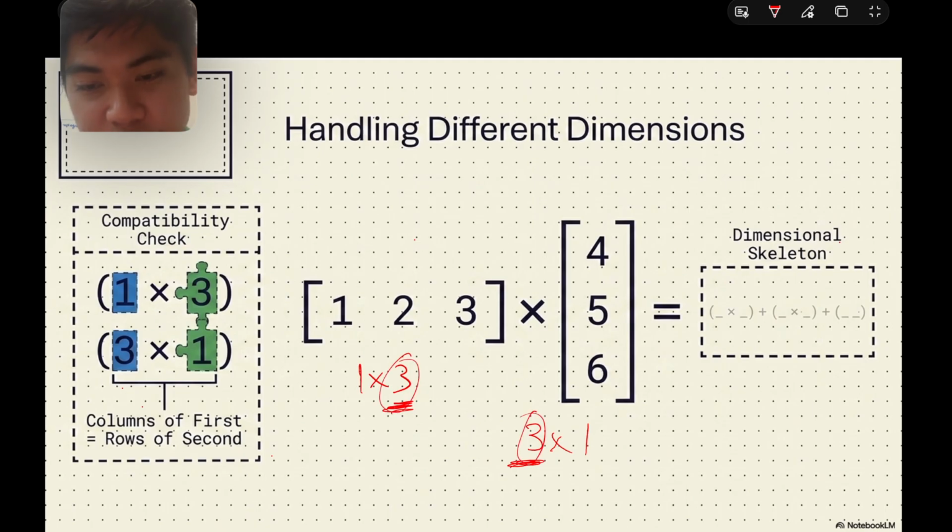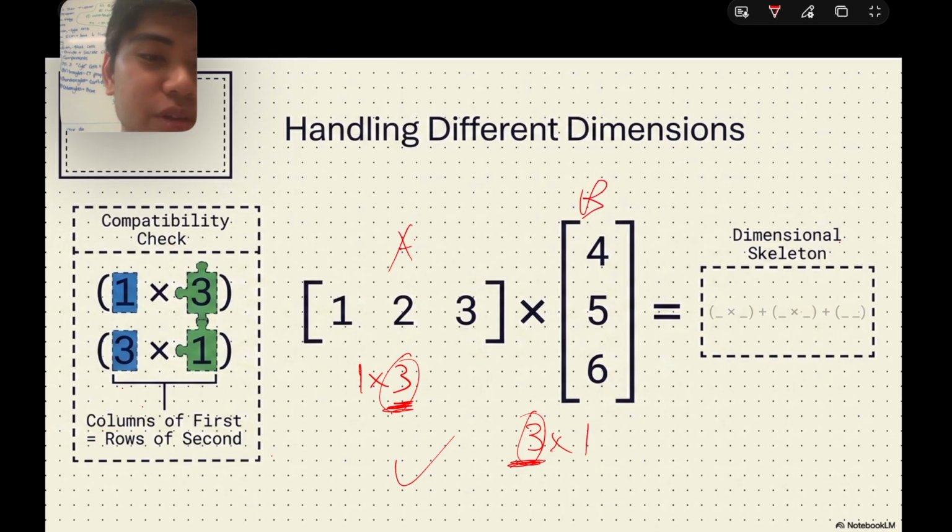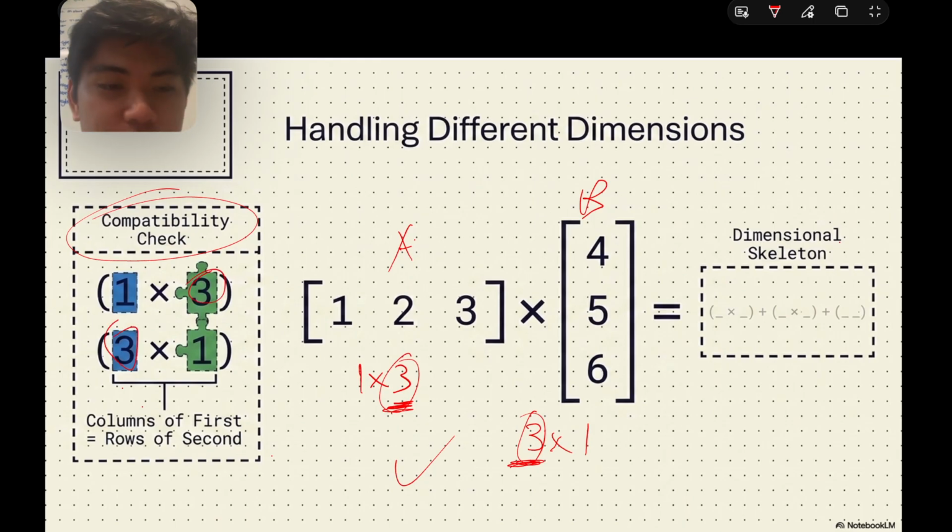Yes, the 3 is the same, so that's a tick. We can multiply these matrices together, matrix A and matrix B. That's the compatibility check: we make sure that the columns of the first matrix equal the rows of the second. That's correct, that's 3 and 3 there.